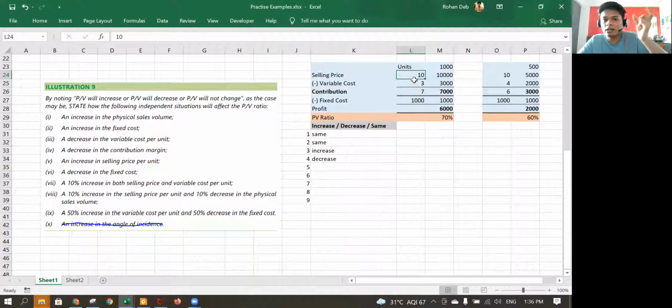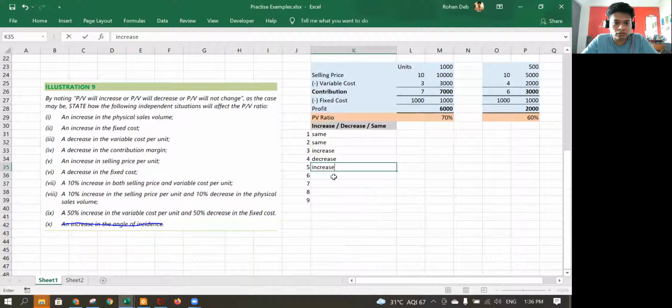But because my variable cost is there, the increase in the selling price will be greater than the increase in the contribution. Ultimately, if I make it 15, you can see the PV ratio increases. If I make it 20, you can see it's still increasing. So it will increase. Got it?